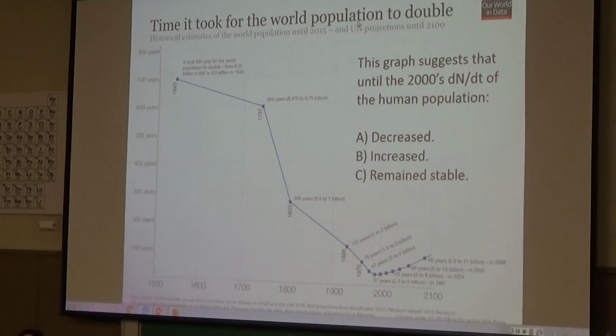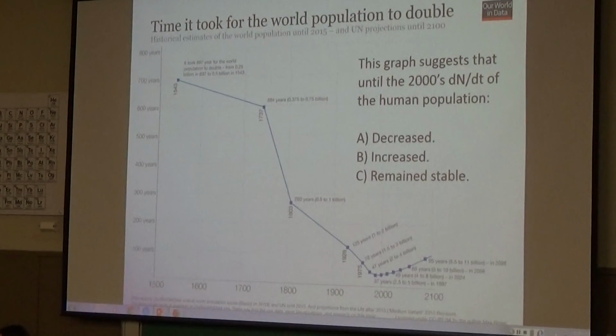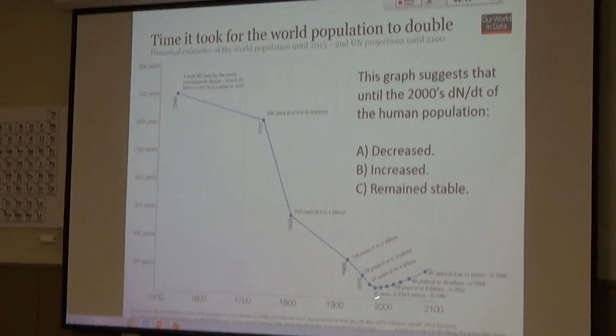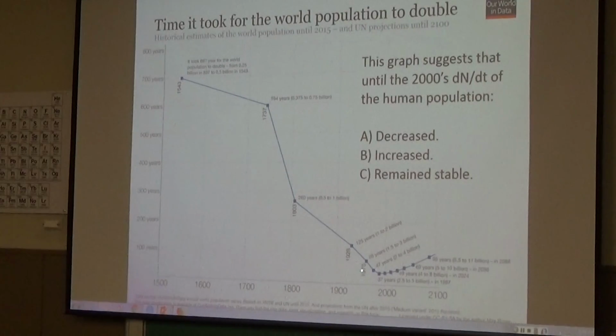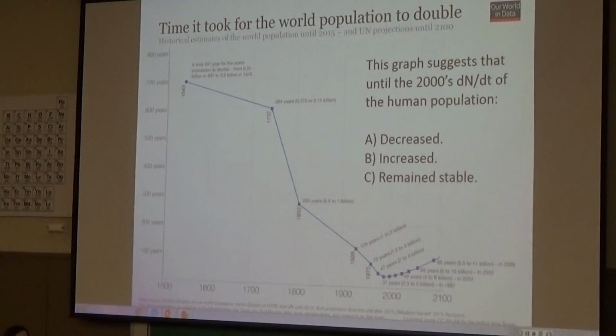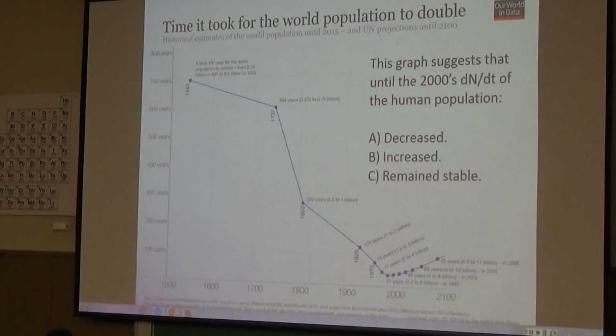This is very useful in terms of management and health management predictions. Even health insurance applies this type of thing. So think about this data, and interpret it. Think about what is the implication of this for the overall population growth. We're talking about dN over dt here.